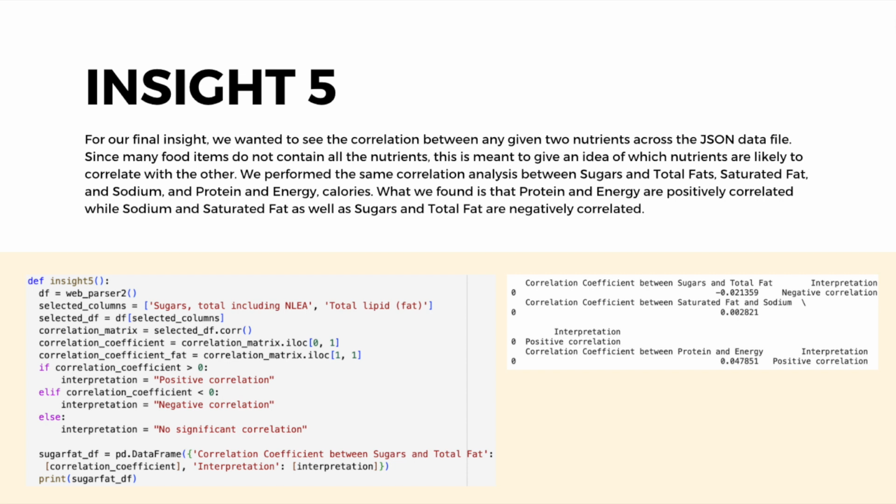And what we found is that energy and protein are positively correlated while the rest are negatively correlated. Now, this doesn't necessarily account for how certain food items may not have certain nutrition facts, but as a general rule, this is a good analysis to see what correlations exist among any given food item.